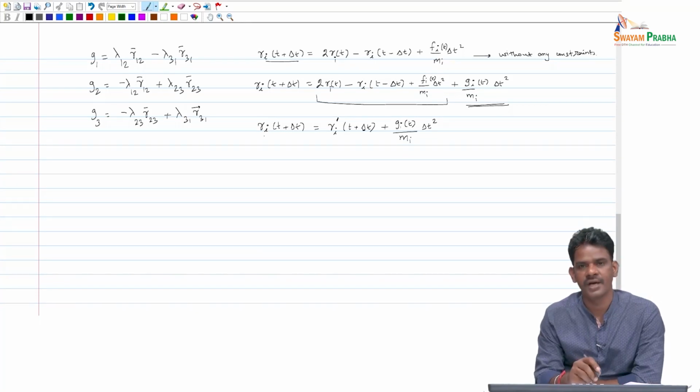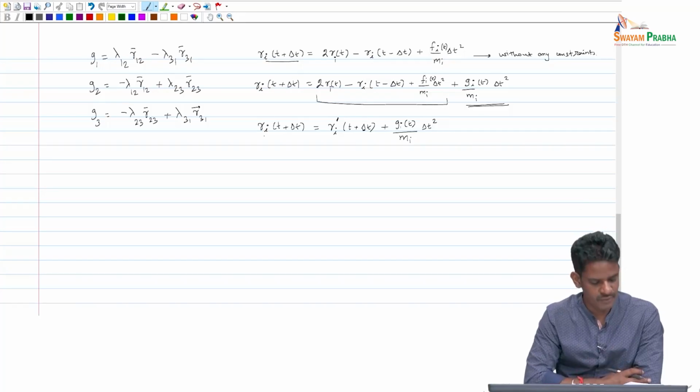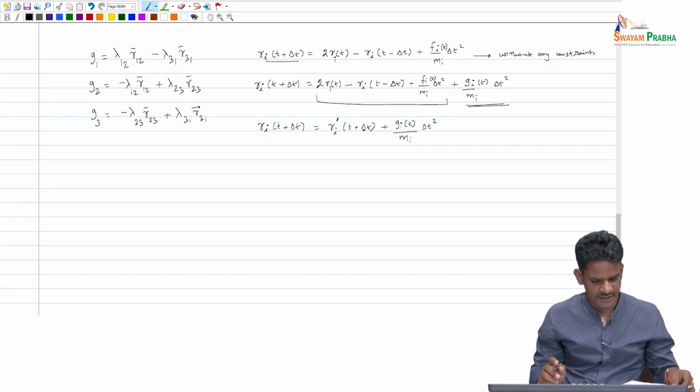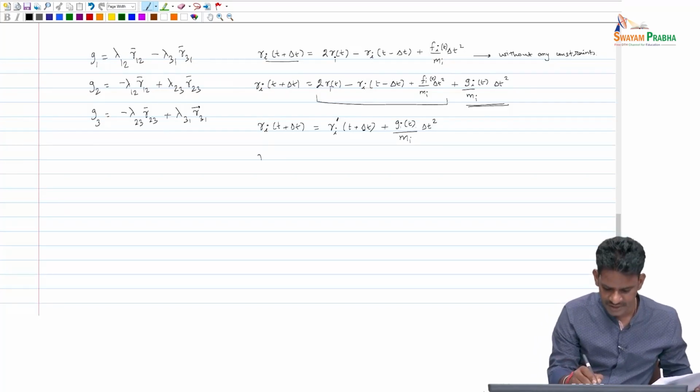Again, we are writing for the ith atom; you can write for 1, 2, 3 by substituting I equal to 1, 2, 3. Now we have the expression for GI, and that can be substituted here, and then we can explicitly write the positions R1, R2, R3, etc.